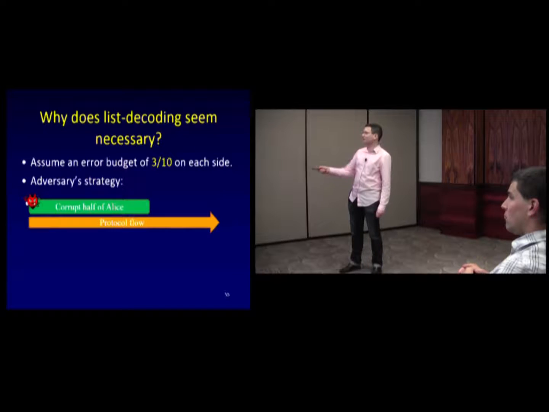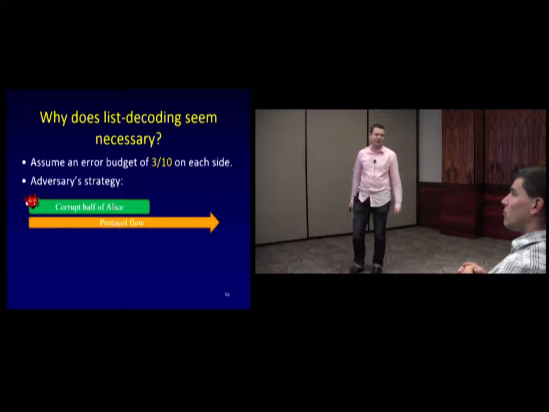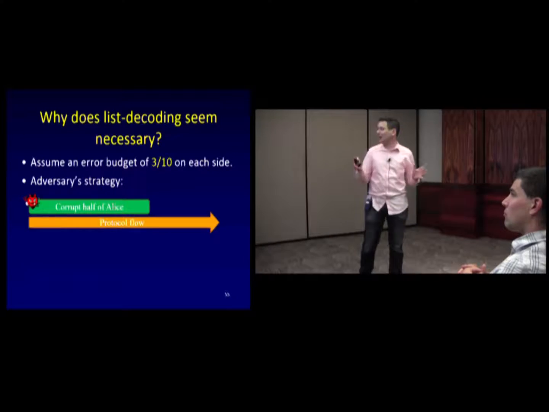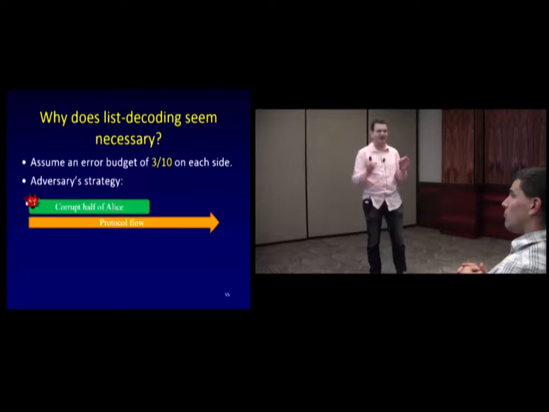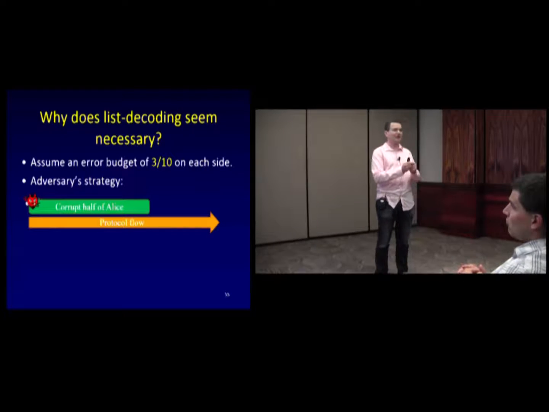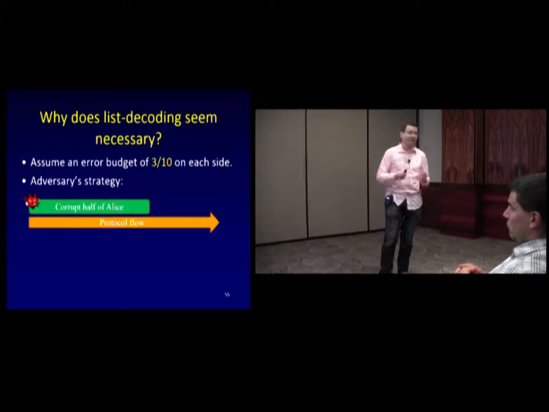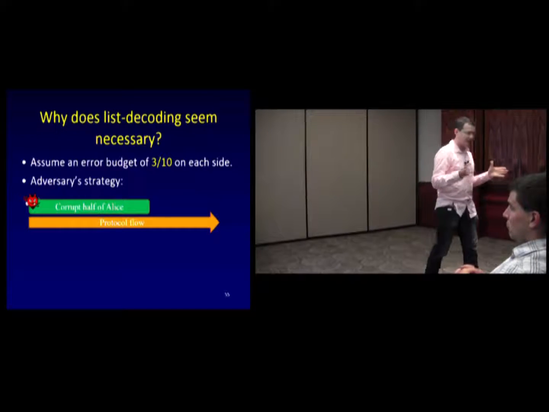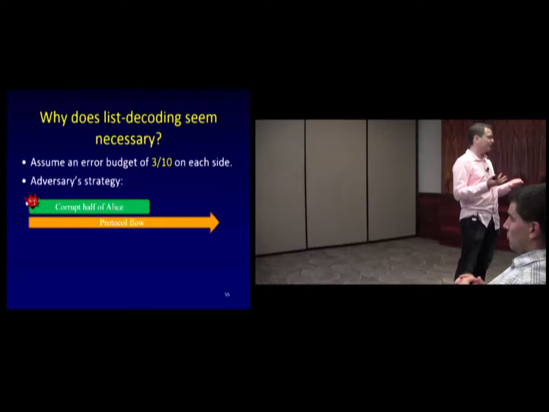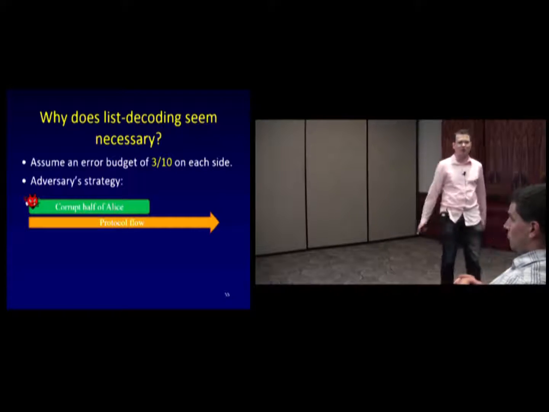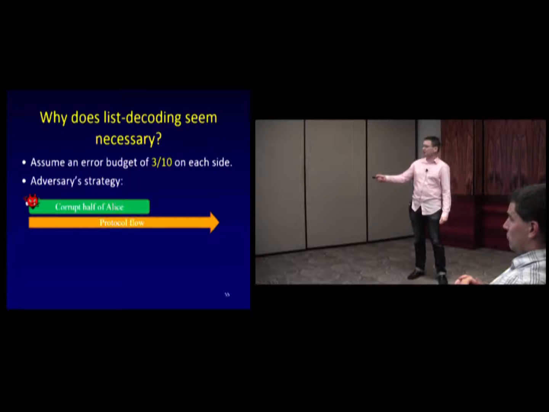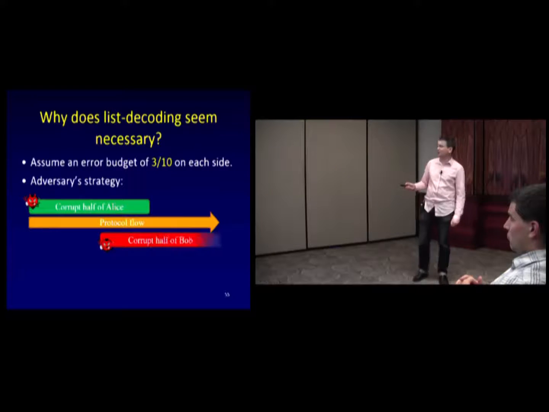So here's what the adversary can do. For the first 60% of the protocol, corrupt Alice so that you can't kill her, but you can create doubt between two different Alices. So for the first 0.6 of the protocol, Bob is left wondering who is Alice. There are two possible Alices, and Bob is not sure which one he's talking to. And you can do it within the budget.